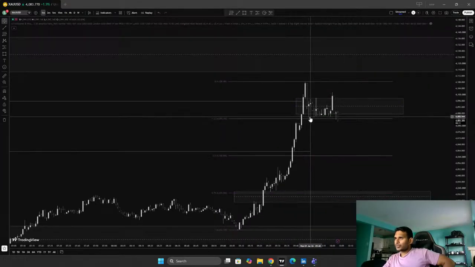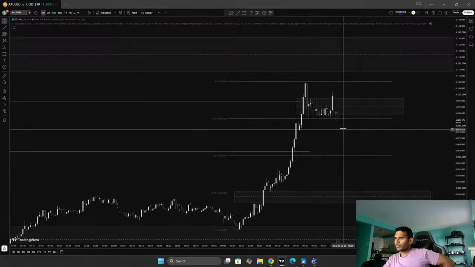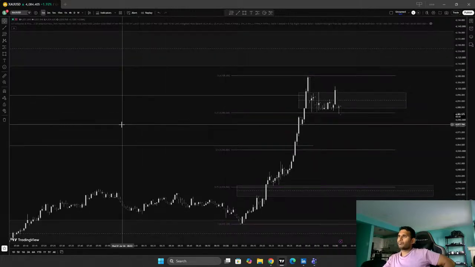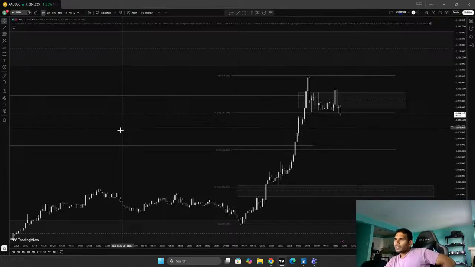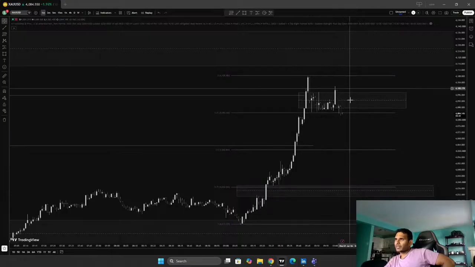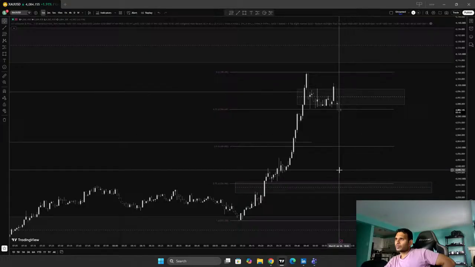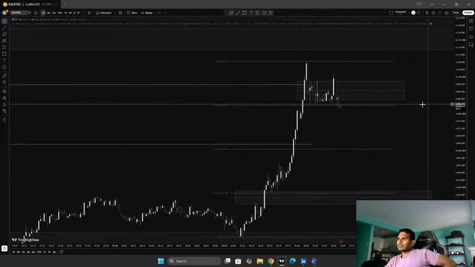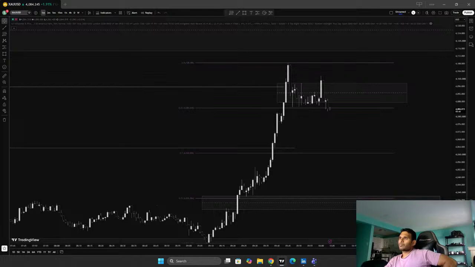Now we got the market structure shift. I really want to see this high get broken, and we can put a stop here, and we can expect the drop 1 and 2. If that's the case, or else if this candle takes this high, that gives the emotion.